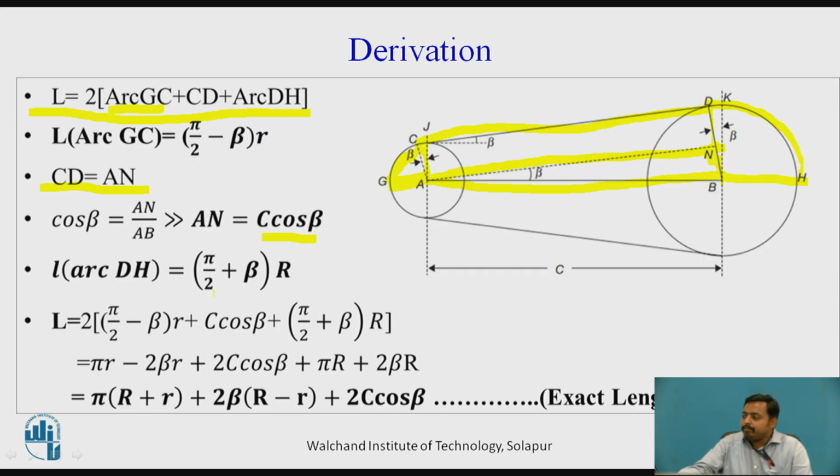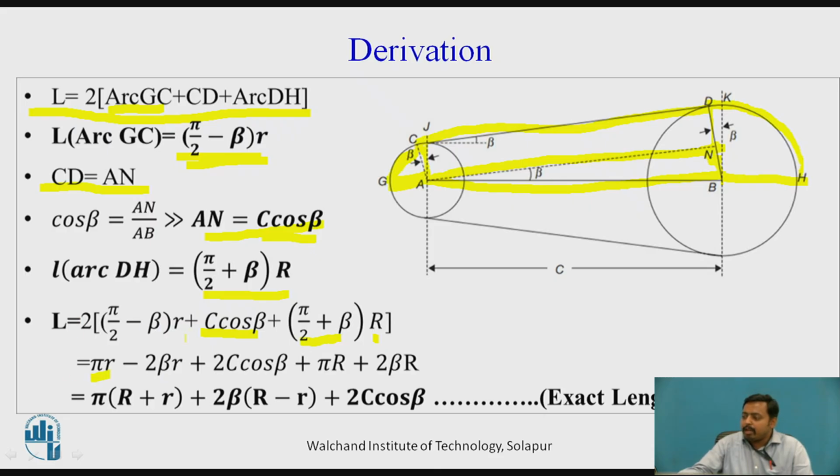So substituting these three values 1, 2 and 3, we get the length of the belt equal to 2 into (pi by 2 minus beta) into r, plus C cos beta, plus (pi by 2 plus beta) into R. So expanding these terms, we get 2 into pi by 2 into r, so the 2 cancels, so pi r. This is the first term.